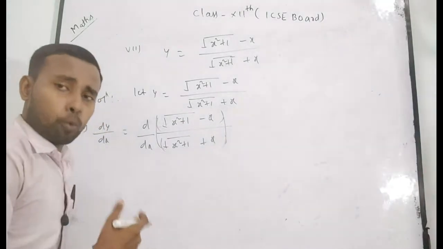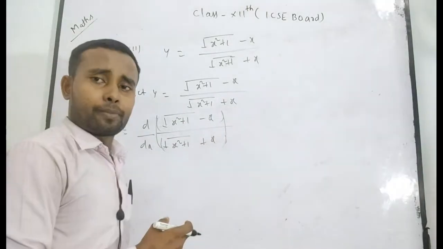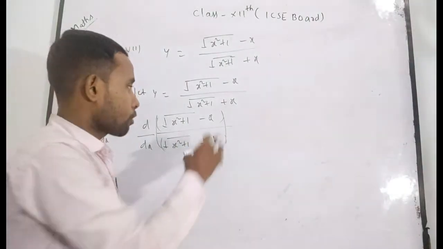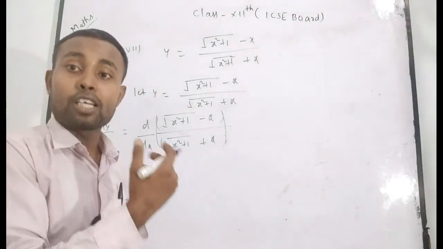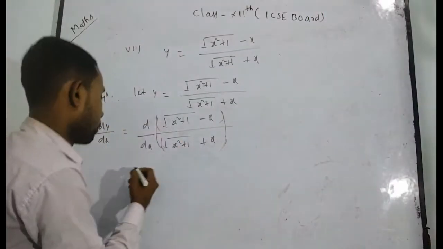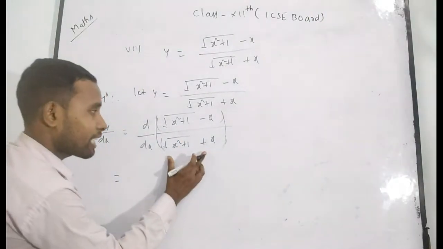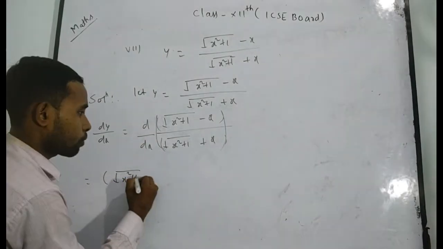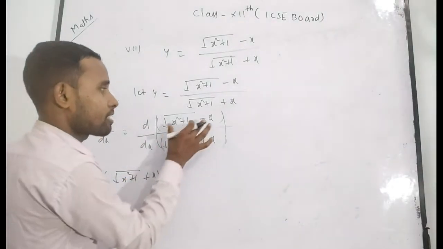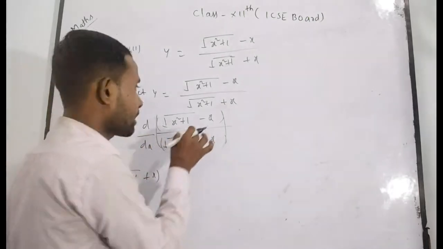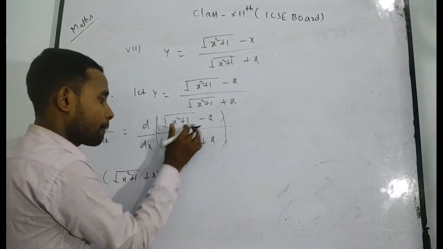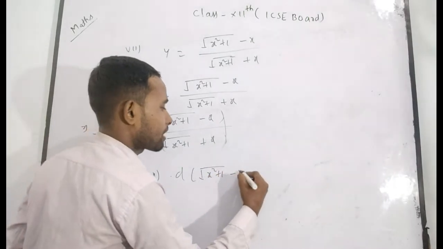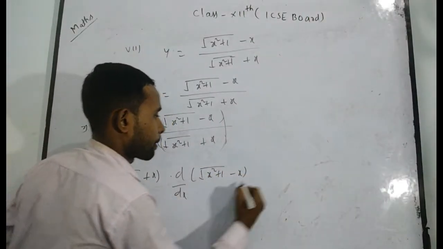First of all, what form is this? Quotient form. So you have to use the quotient rule formula: first take the denominator outside, that is root under x square plus 1 plus x, and differentiate the numerator with respect to x, that is the derivative of root under x square plus 1 minus x, minus.